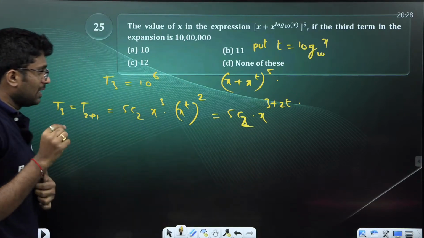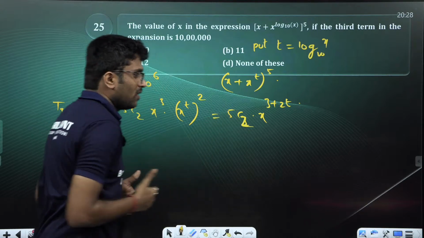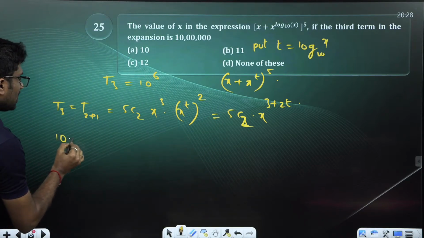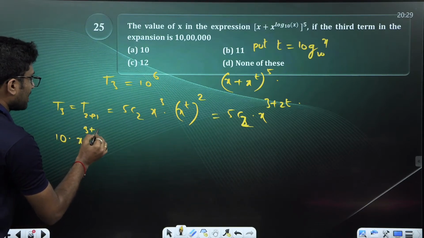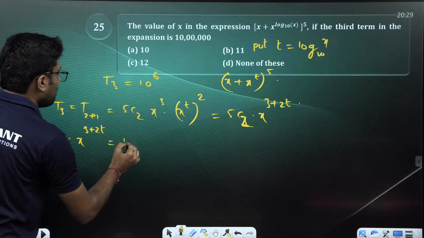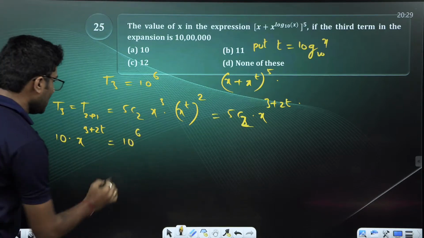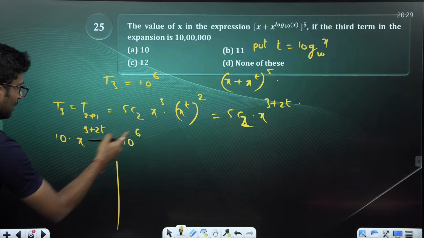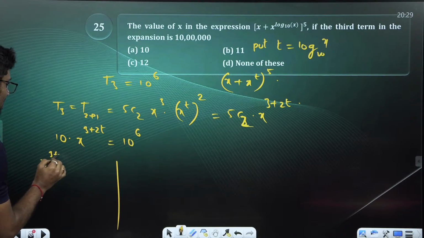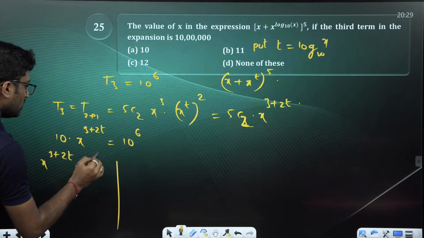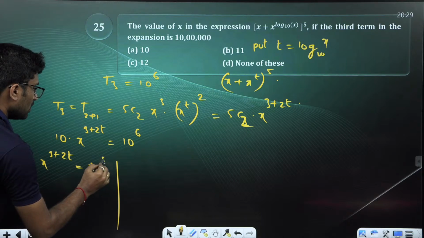What is 5C2? The value of 5C2 is 10. So 10 times x raised to 3 plus 2t equals 10 power 6, they have given. Now 10 and 10 power 5 get cancelled. From here we get x raised to 3 plus 2t equals 10 power 5.